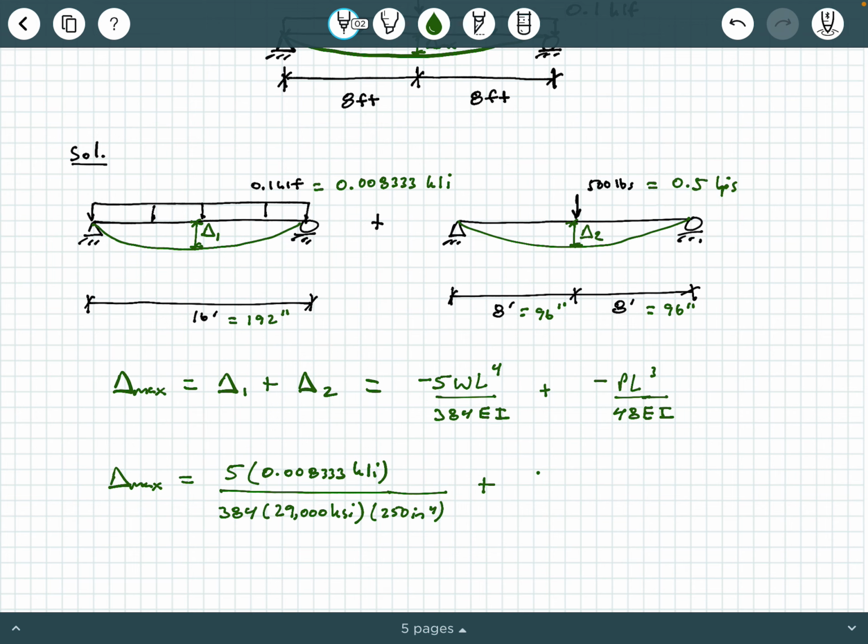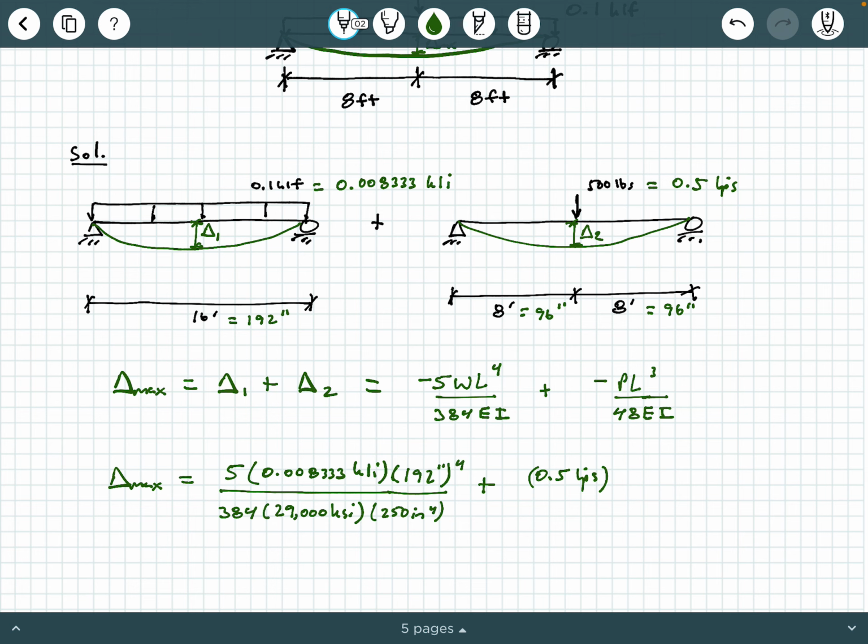So we're going to say 0.5 kips times the total length, which is, I forgot a length term over here. I hope somebody caught that. So that'll get you the wrong answer real fast. 192 inches to the fourth here.